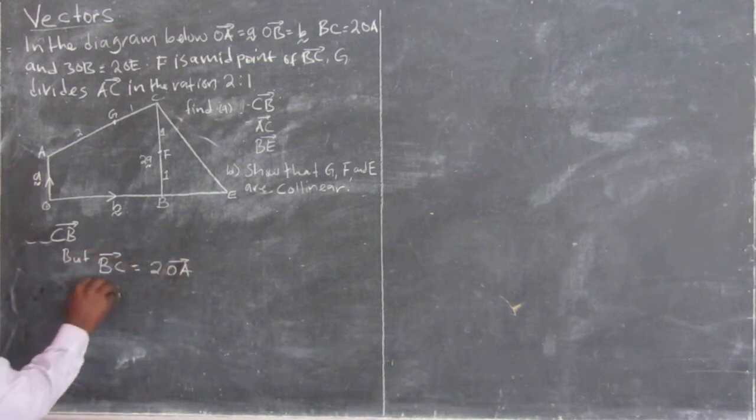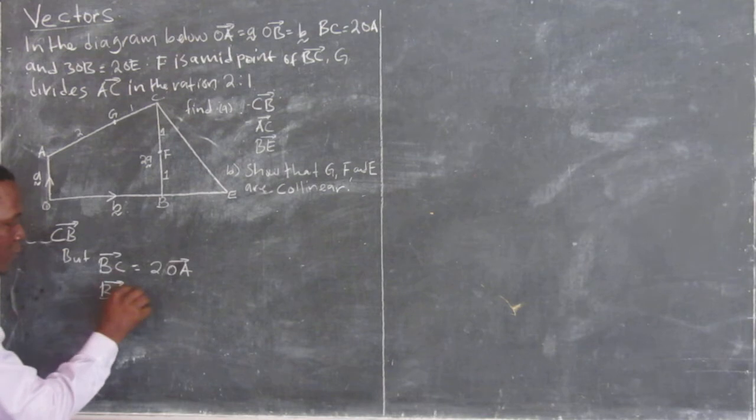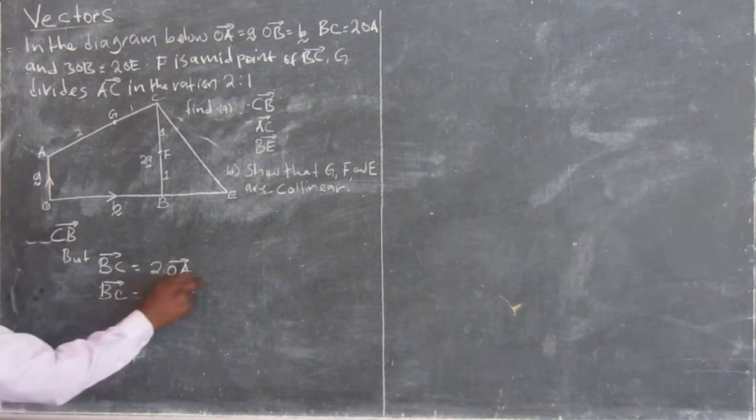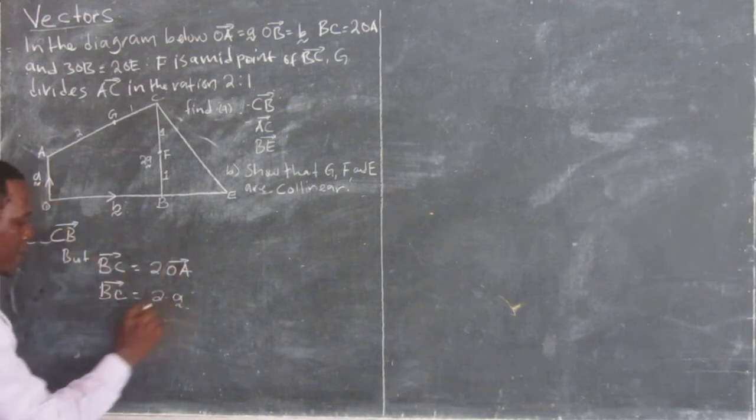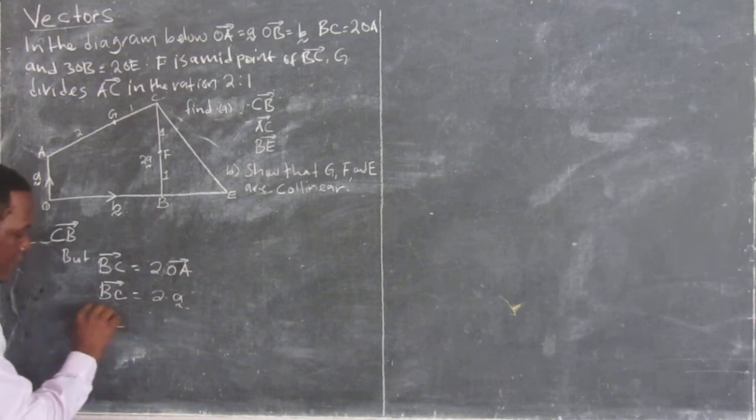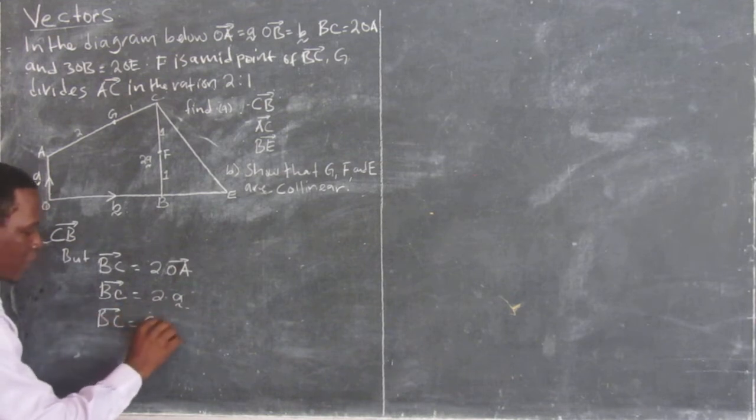In this case, our BC will be the same as 2 times our A. Meaning that BC is the same as 2A.